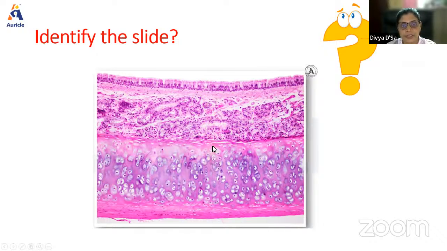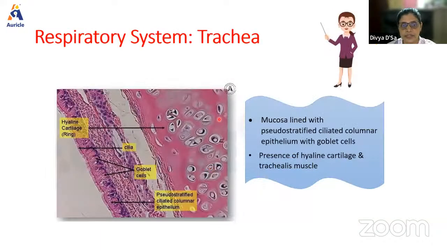Along with the hyaline cartilage, there are also many other structures seen there. This thing which we see here is pseudostratified ciliated columnar epithelium. When we see this structure, we have to immediately identify it as trachea.